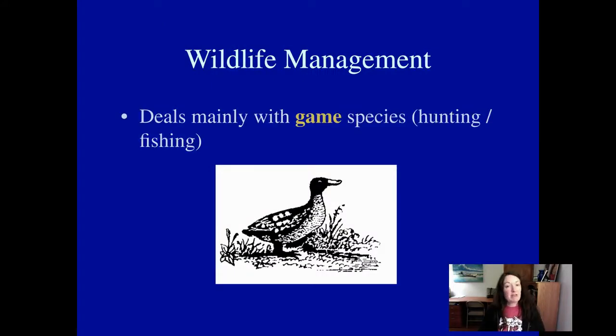Wildlife management is another career or area that you could go into, and that also looks at local ecosystems, but especially deals with game species, so hunting and fishing. And oftentimes, hunting and fishing is a way to incentivize people to take care of the environment.